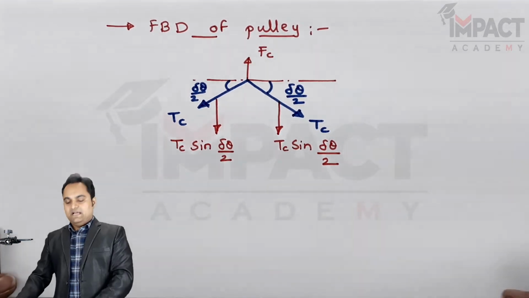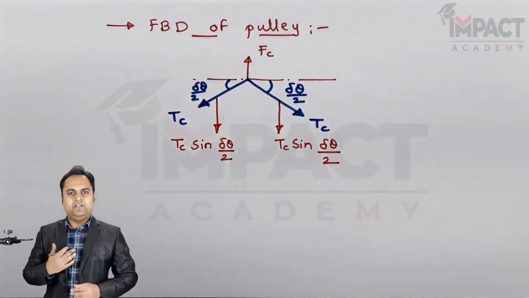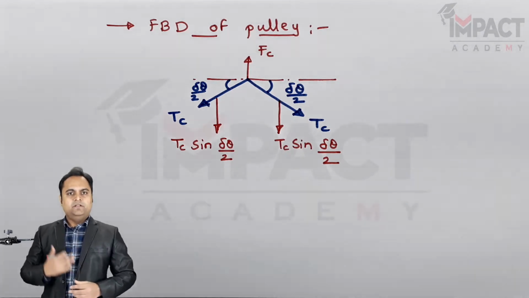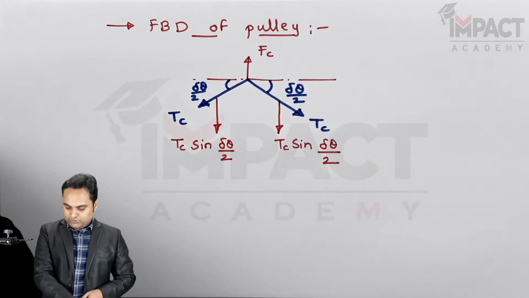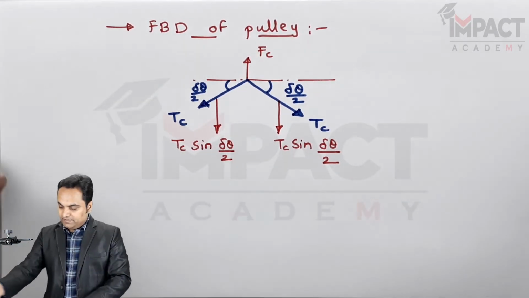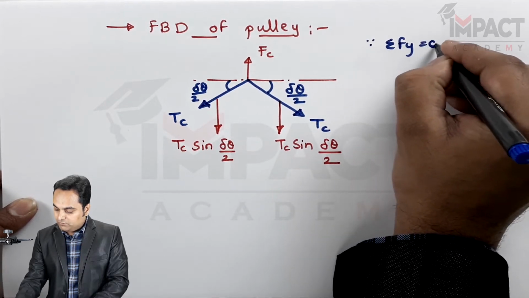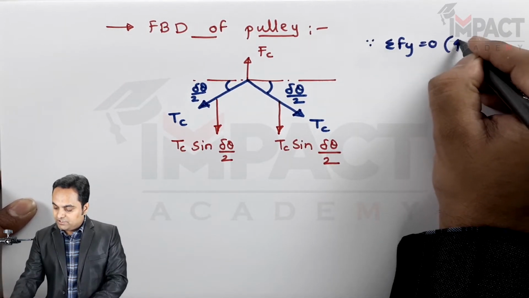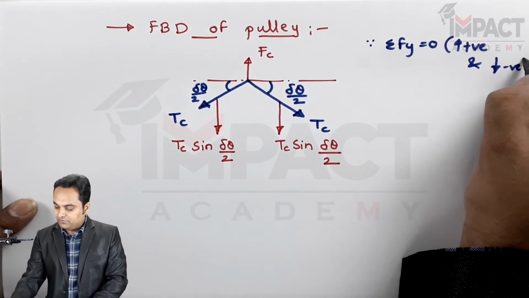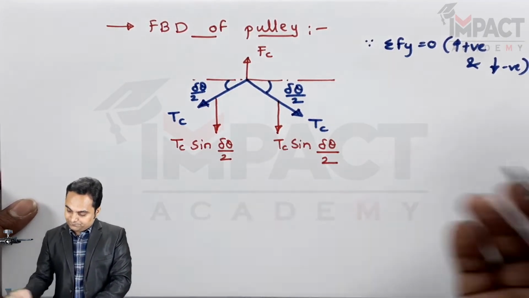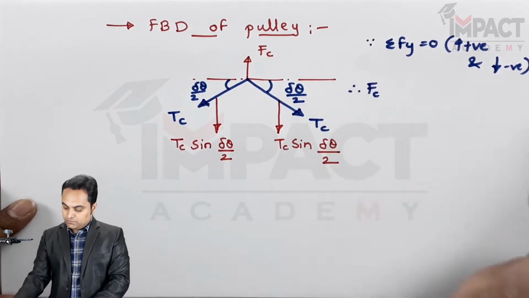Then as we can see here, all the forces are vertical, and for the equilibrium of the belt, or we can say for the equilibrium of the pulley, the summation of all these forces should be equal to 0. So I am going to use the condition of equilibrium, that is, summation of Fy is equal to 0, where the convention is upward forces are treated positive and downward forces are taken as negative. Therefore we can see that Fc is acting upward, so it will be plus.